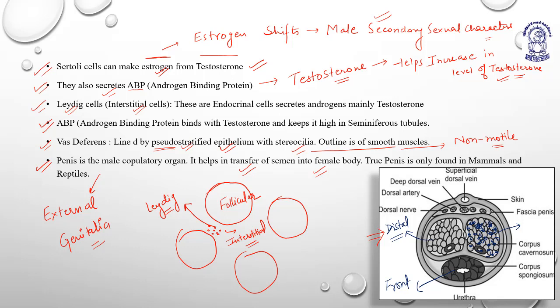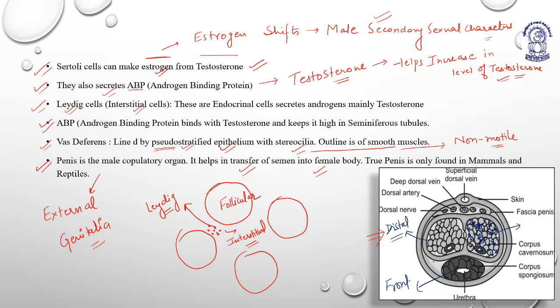So corpus cavernosum basically helps the penis to get into a state of erectileness so that it can be a part of sexual intercourse. Corpus spongiosum also helps in the erection of the penis.